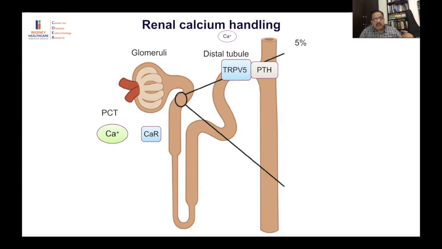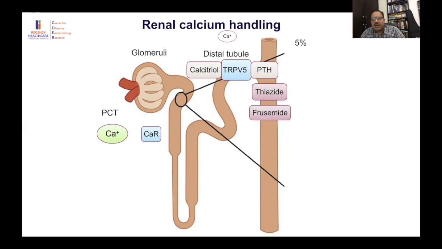So the targets of serum calcium levels in hypoparathyroidism are around 8 to 8.5, while we need to maintain higher calciums, 9.5 to 10, in pseudo-hypoparathyroidism so as to avoid the bone effects, which will cause bone resorption. Now calcitriol also plays a role in terms of calcium absorption, as do the diuretics, the thiazide diuretics and furosemide.